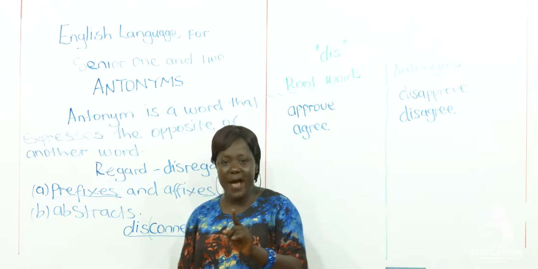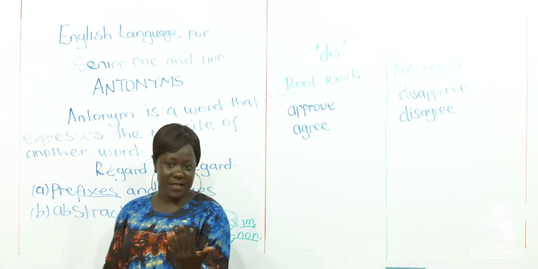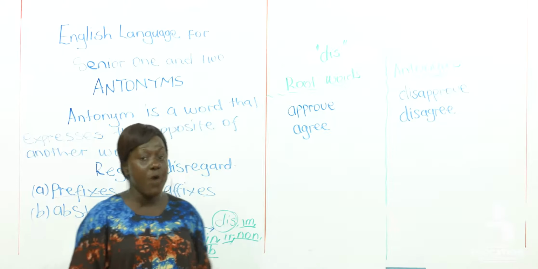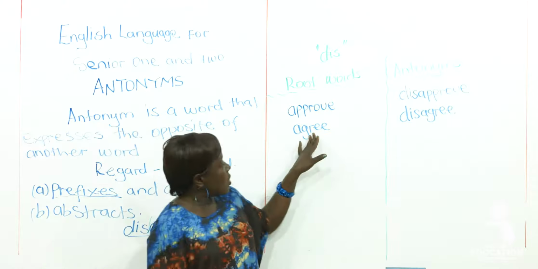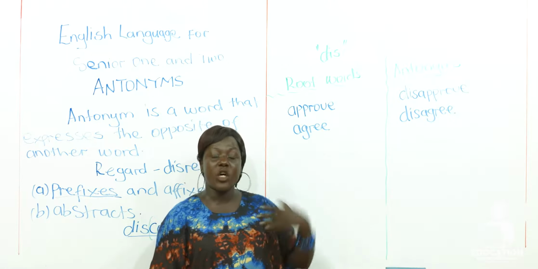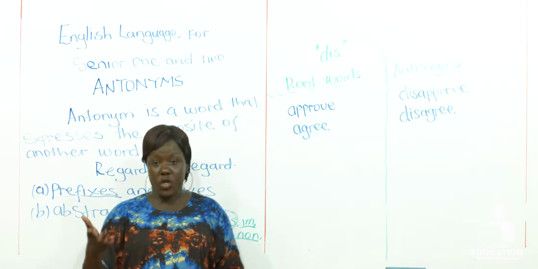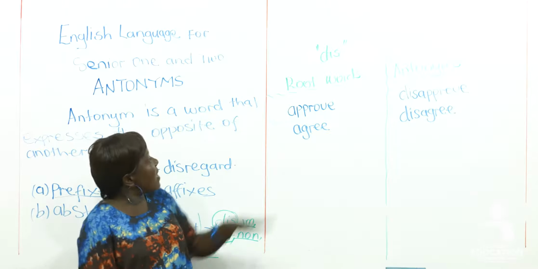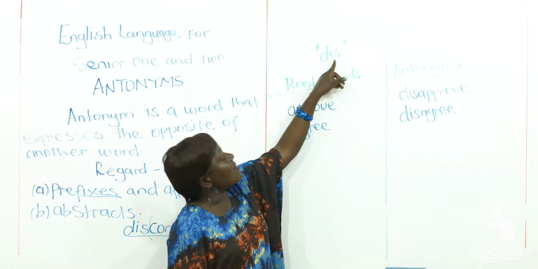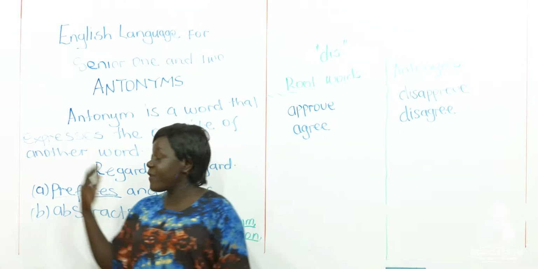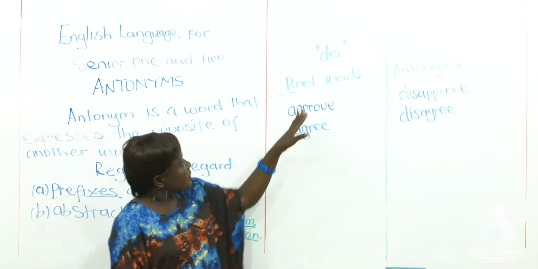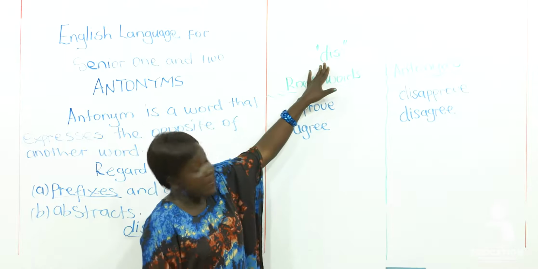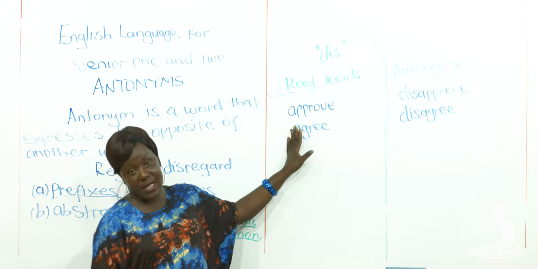It is not right to speak like that. So you see, you would have formed the opposite of this word agree not by using the word not, but only by using dis, which is the prefix added to these root words.